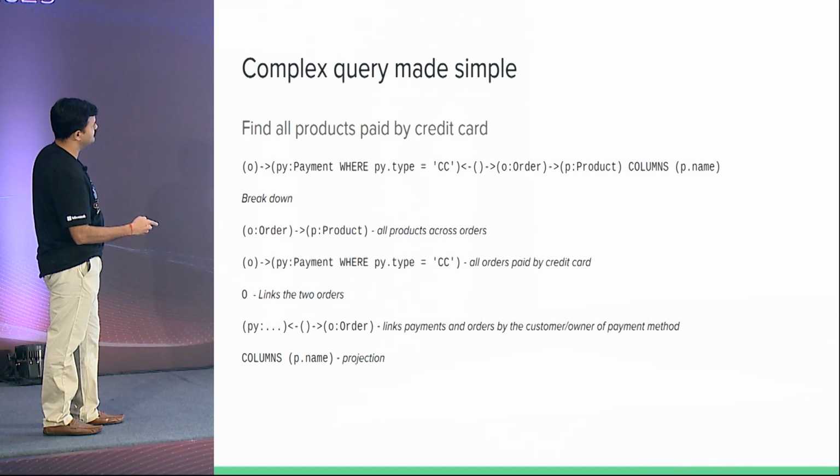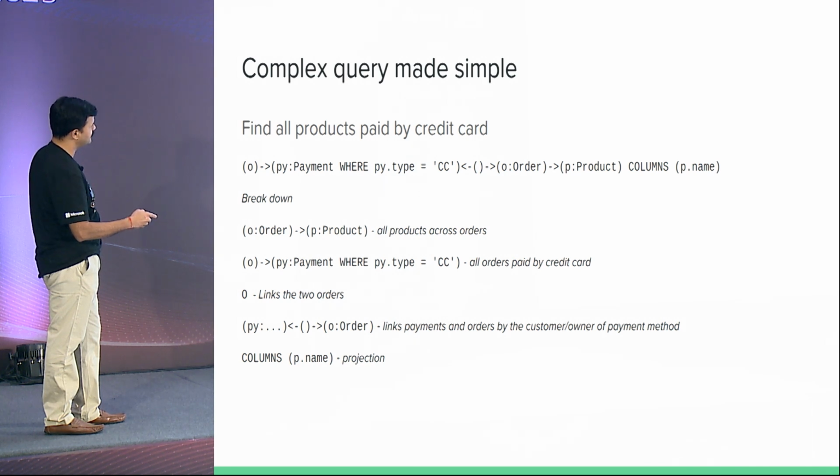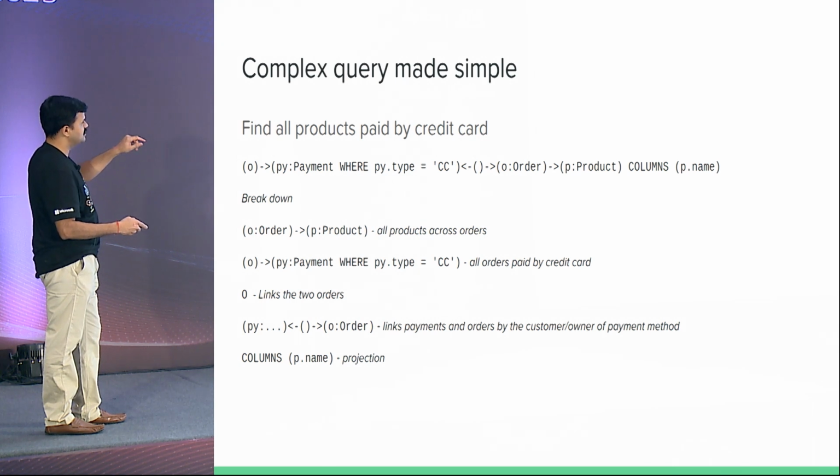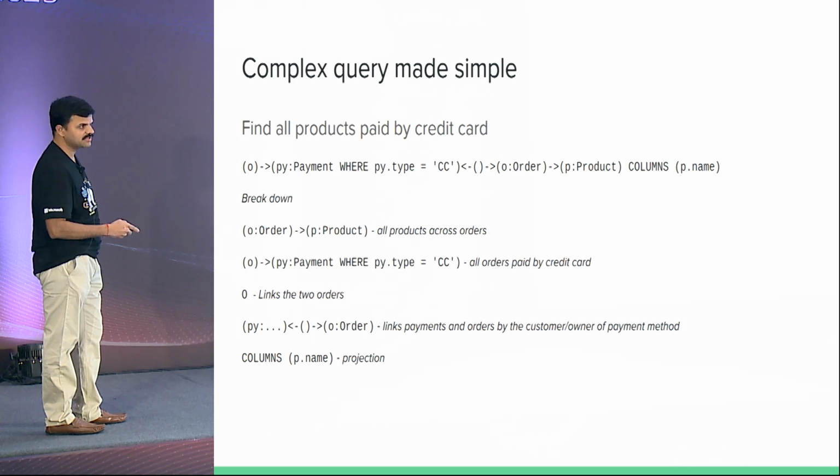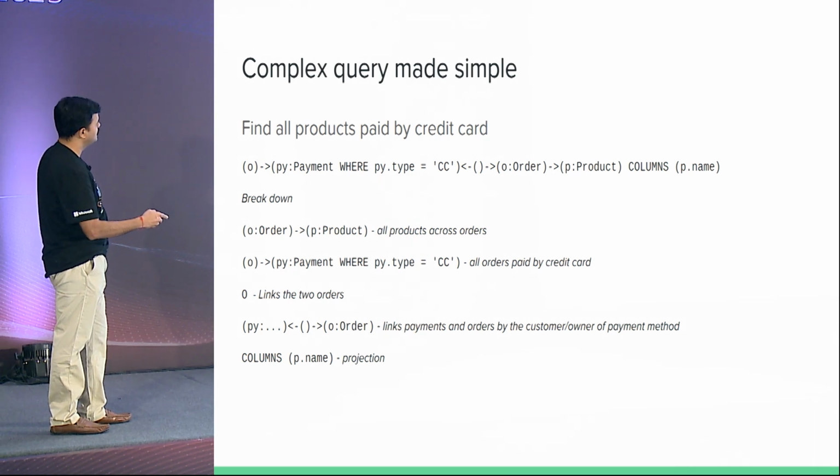And again, you will see the familiar construct where the same variable is bound to two nodes, two vertices, which says that it's the same order here and here, and then connect it with the payment method so that now we know all the products which are paid by the credit card, and just project the name out of that.